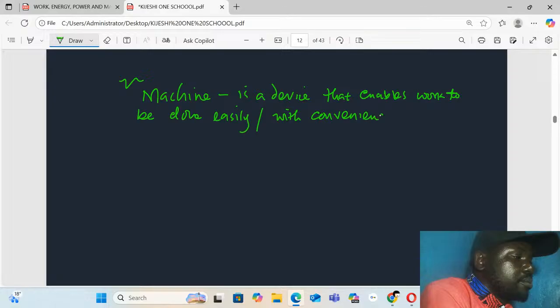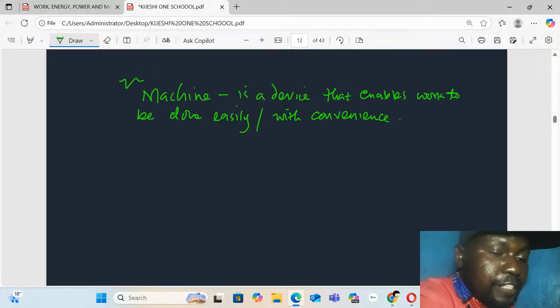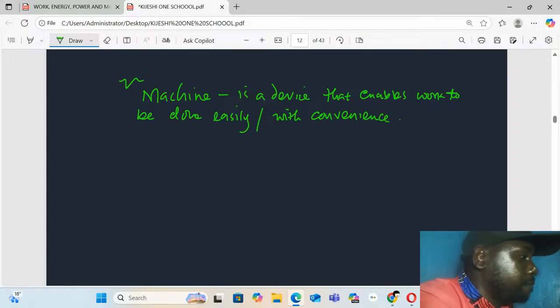So in case you are asked what is a machine, you need to define it in that manner. Do not ignore these little words because we keep on advancing in the mode of testing.